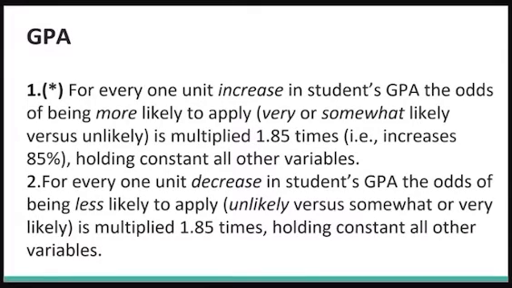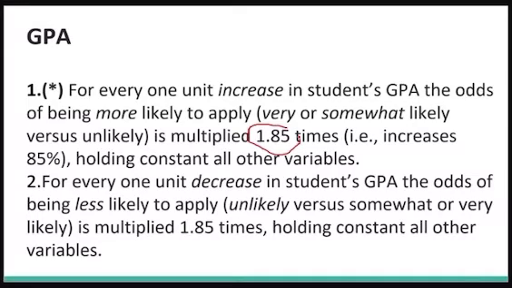That is more because it's greater than 1, and that is going to increase by 85%. Why do you say that? Take a look at this. 1.85 is an increase. If you multiply by 100, it's 185, that's an increase of 85%. That's what they mean, keeping other variables constant.